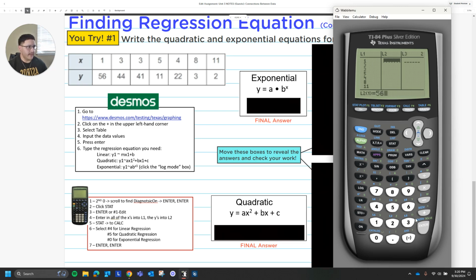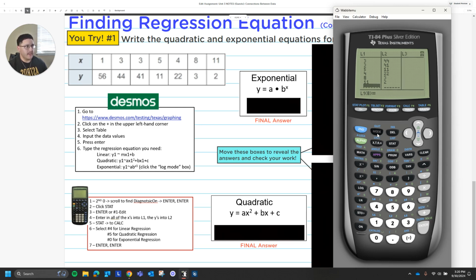L2 should be the Y values, which should be 56, 44, 41, 11, 22, 3, and 2. Make sure every number has a pair, which it does.